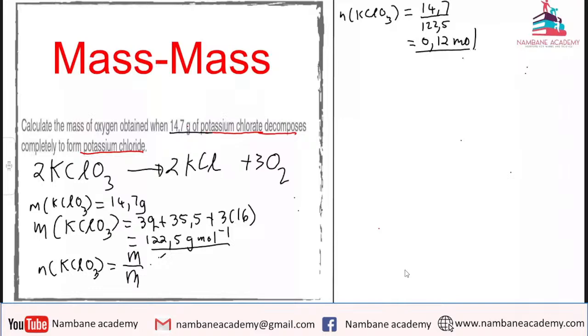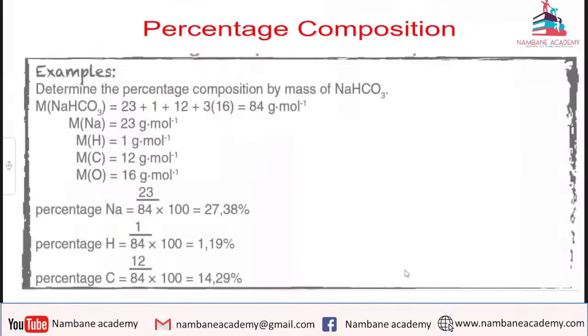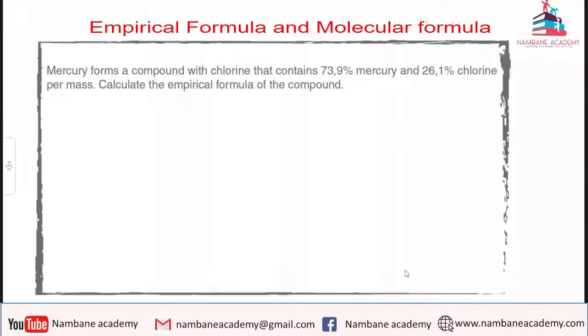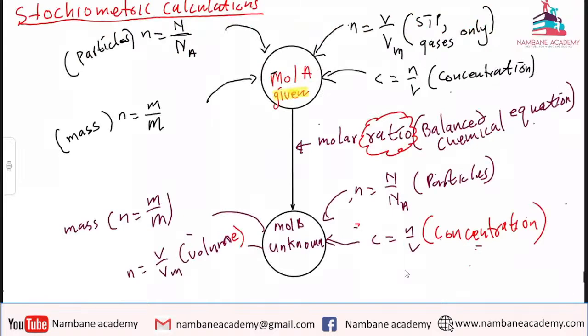Let's go back to this strategy here. The strategy says, okay, fine. I have calculated the number of moles of the given, which in this case is potassium chlorate. What do I need in order for me to get now the moles of the unknown? What is the unknown in the question?